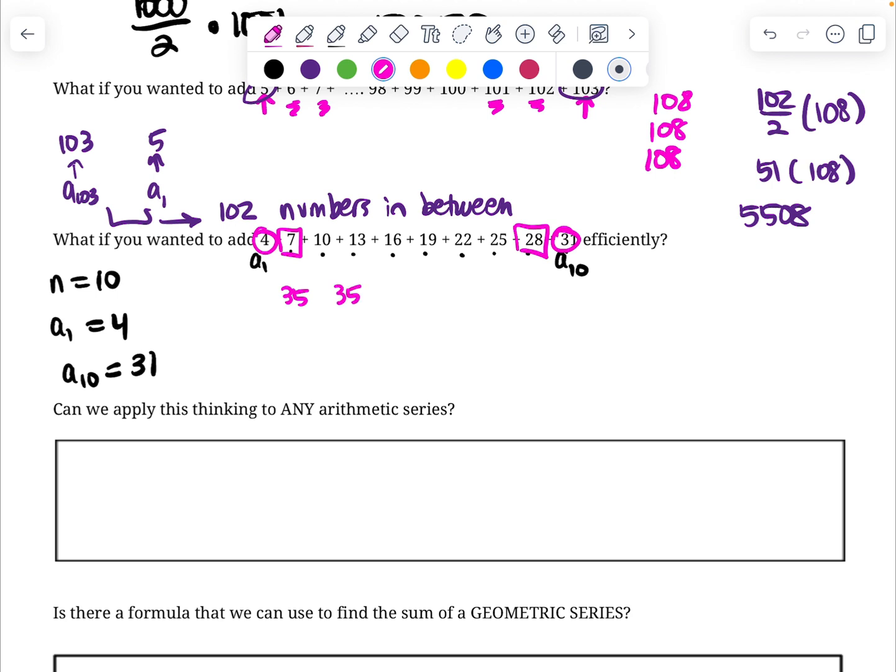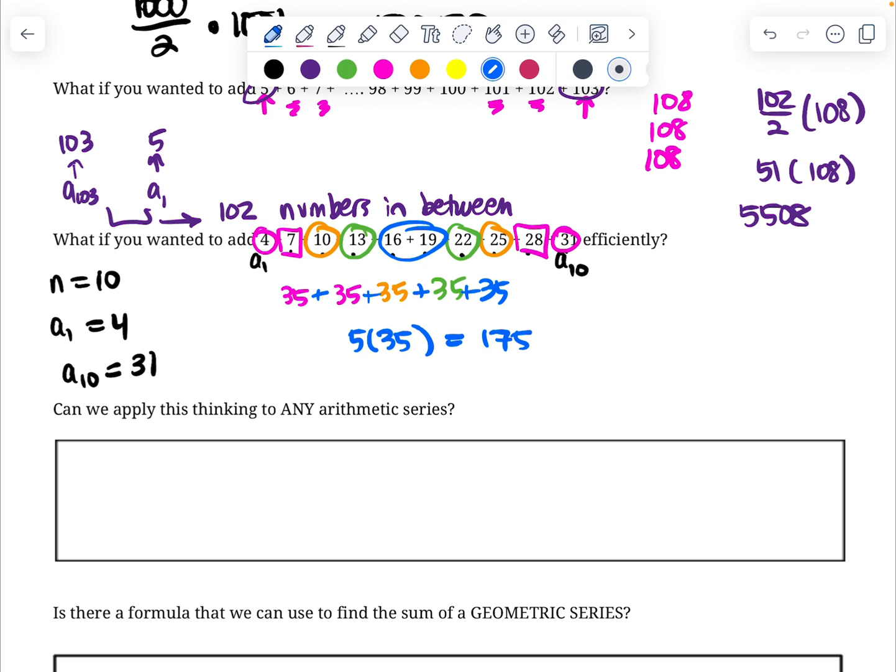So first off, you could just break this down into smaller groups of 35. So we know we have 5 groups of 35. So that's 5 times 35, which is 175.